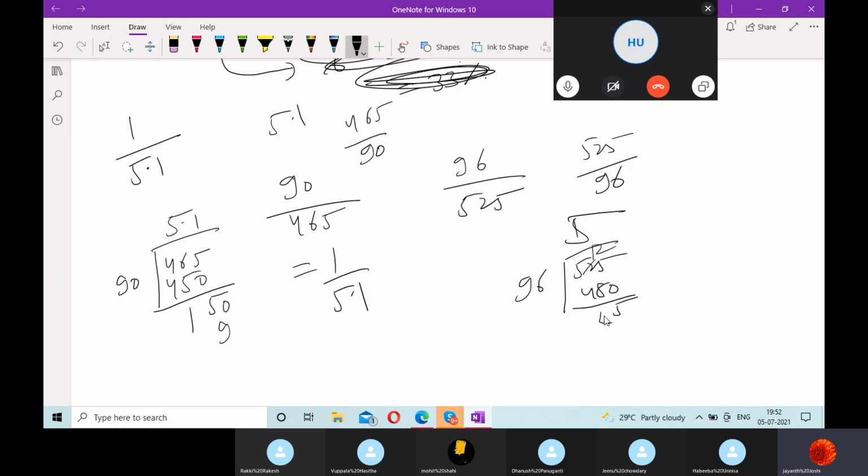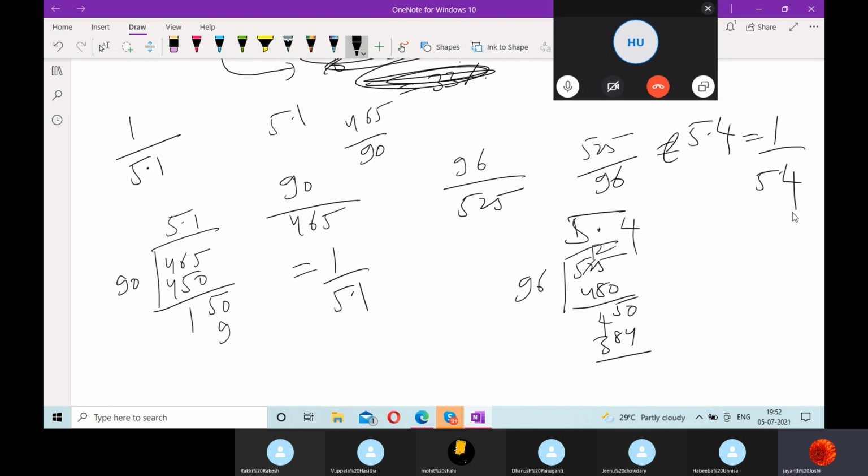When we remove 480 from 525 we get 45. So 96 fours are 384, and this is 5.4, and I will take it as 1 by 5.4.